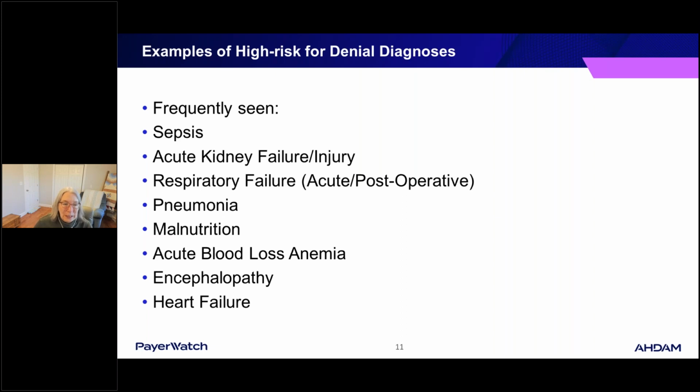So some of the more frequently seen diagnoses that are being denied for clinical validation are sepsis, acute kidney failure, injury, respiratory failure, pneumonia, malnutrition, acute blood loss anemia, encephalopathy, and heart failure.